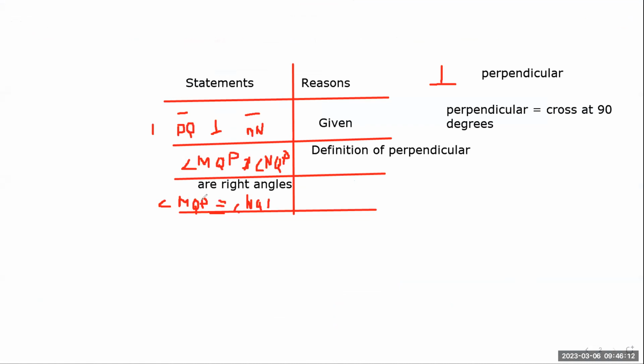And you also know from section 1.4 that therefore these are congruent to each other because all right angles are congruent, meaning they have the same measure, right?